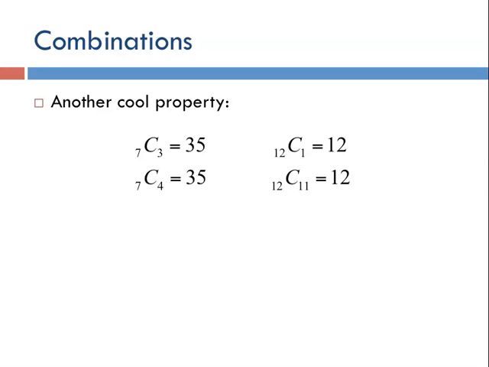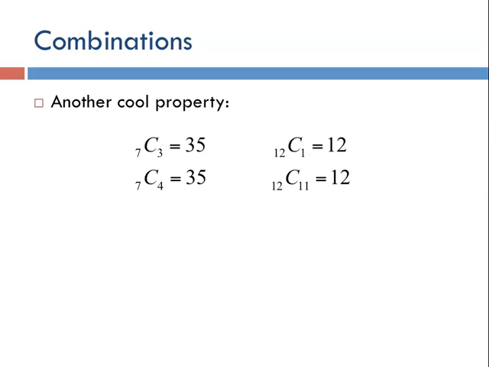So you'll notice here, if you look at the values of r, when the r values add up to n, so if you look at 7 choose 3 versus 7 choose 4, the two r values we're working with add up to n, in this case 7, then those two combinations are going to be equal to each other.